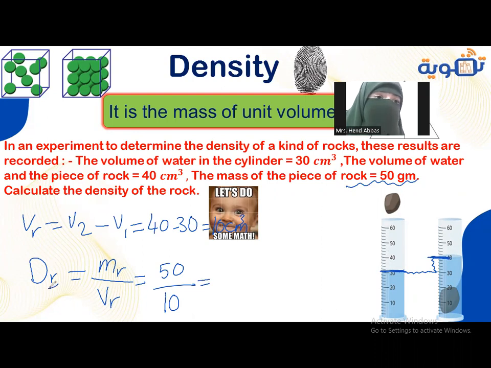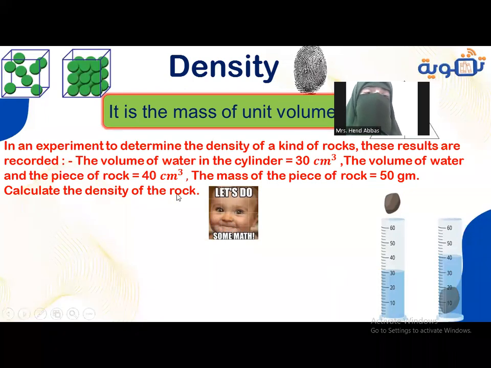So the density of the rock equals the mass of the rock divided by the volume of the rock, which equals 5 grams per cubic centimeter. This is the density of this rock. All of the density calculations are very easy.